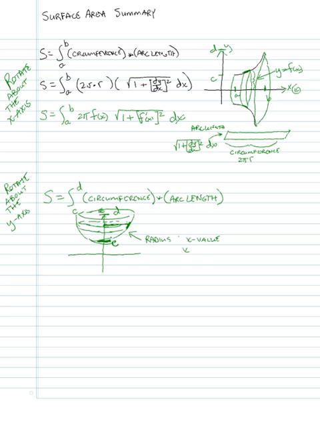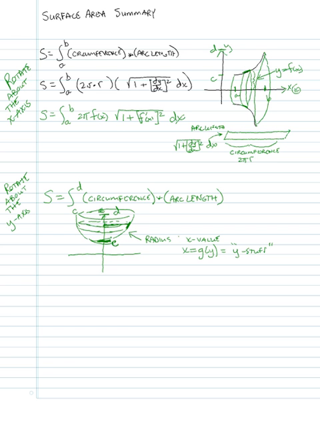So if we have x defined as a function of y, that means x is equal to y stuff. That's not a mathematical term, but maybe x is equal to y squared as an example. Then our radius would be defined in terms of g here.